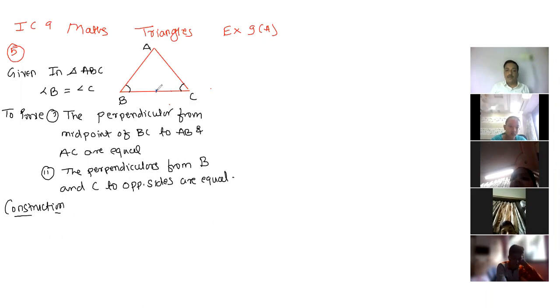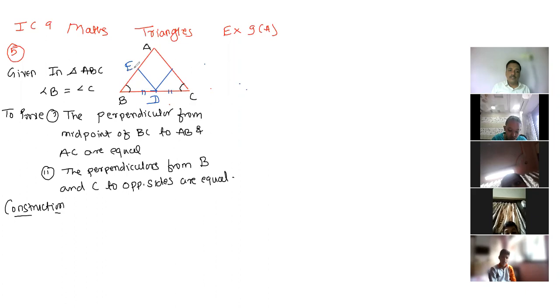BC has a midpoint, suppose we label it D, and because of that BD and DC are equal. From D we have to draw one perpendicular on AB and another perpendicular on AC. Suppose this is DE and this one is DF. We have to prove that DE and DF are equal.